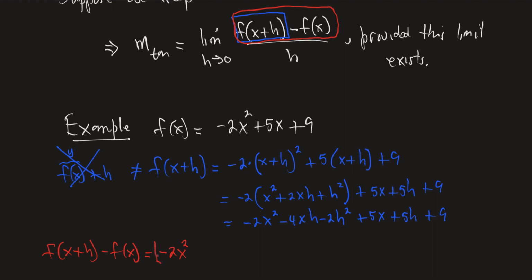In fact, let me go ahead and put these in, I'll use square brackets. So negative 2x squared minus 4xh minus 2h squared plus 5x plus 5h plus 9. So that's, again, just the first term in the numerator. Now let's subtract the original function. So minus negative 2x squared plus 5x plus 9.